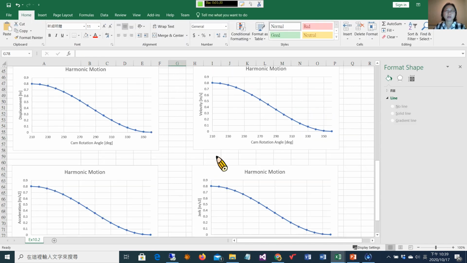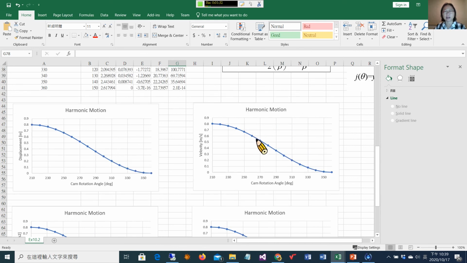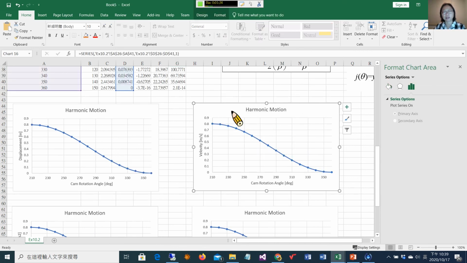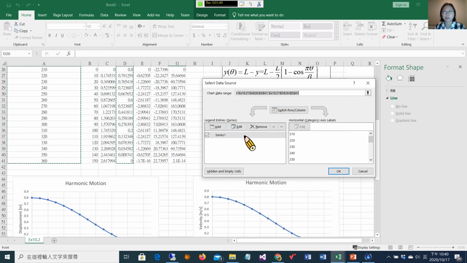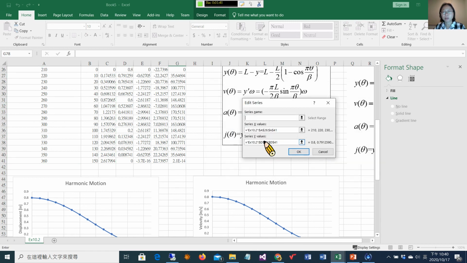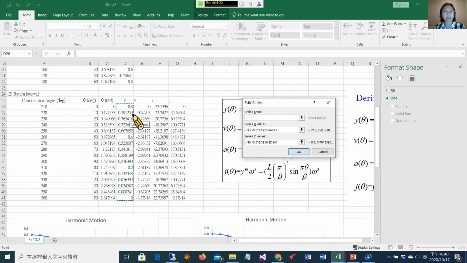And we change its data. So we select this diagram and click right mouse button to select data. So we need to edit the data. Because now the value is displacement, I want to change it to velocity.